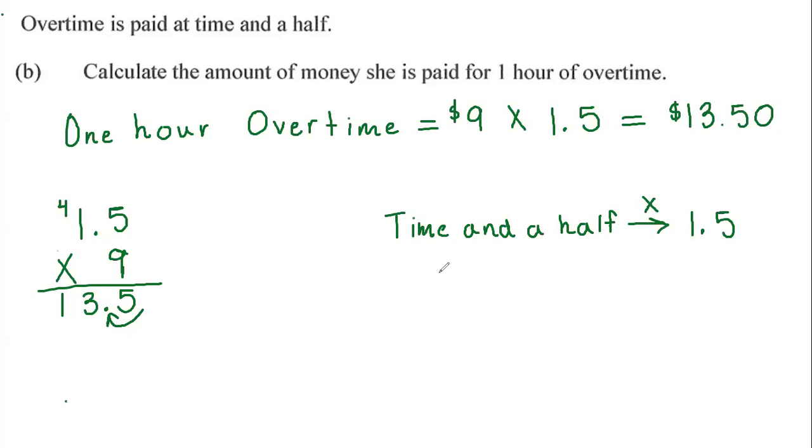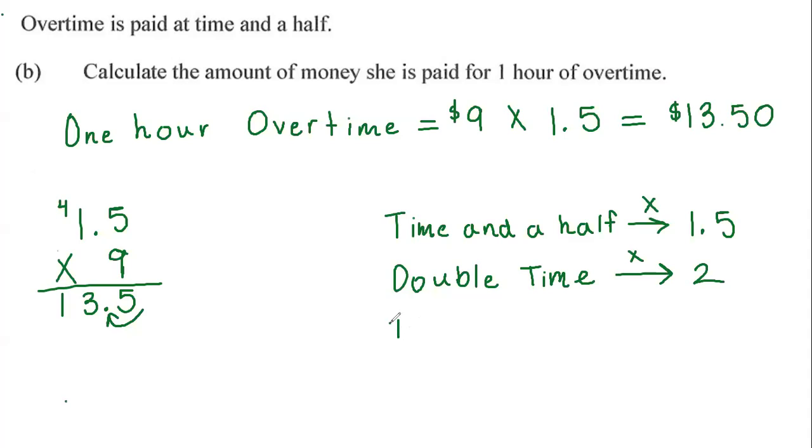If they say double time, multiply by 2. Very good. If they say double time, we must multiply by 2. If they say triple time, we multiply by 3.